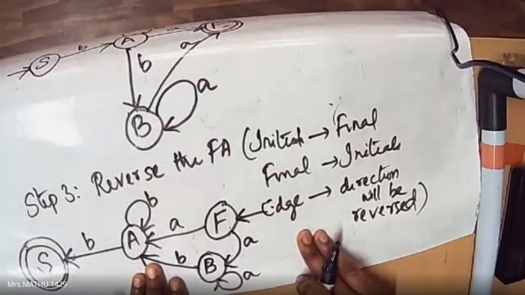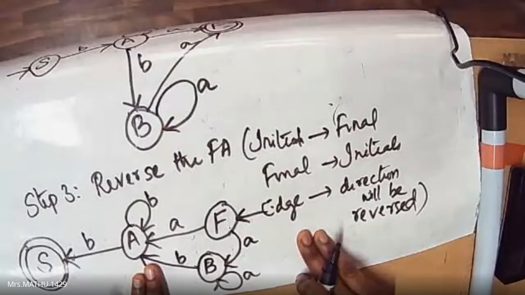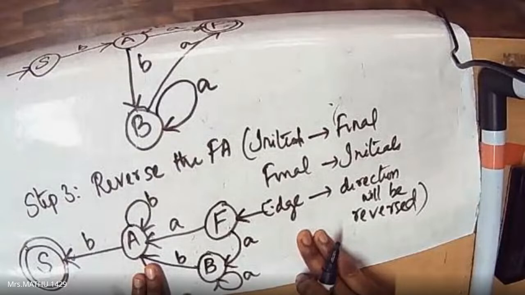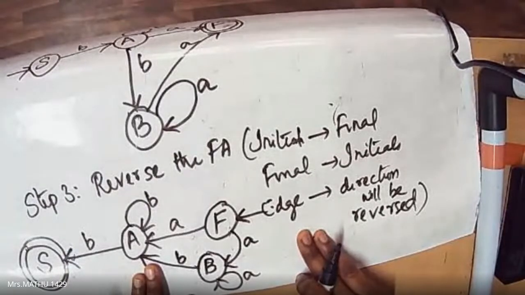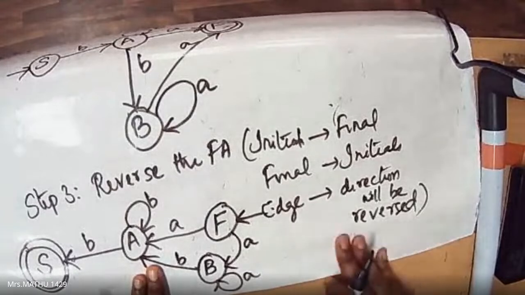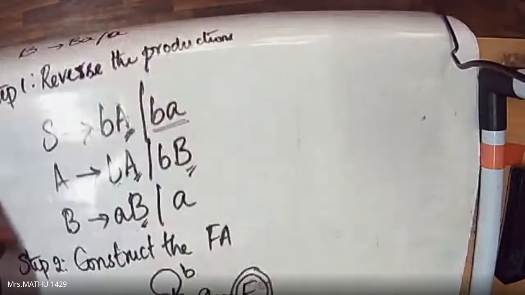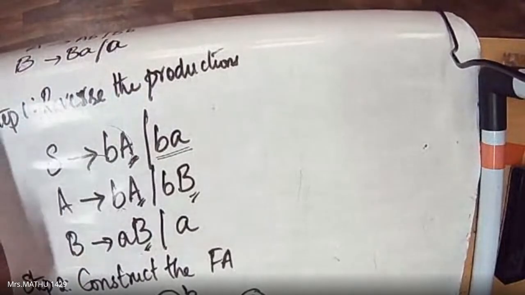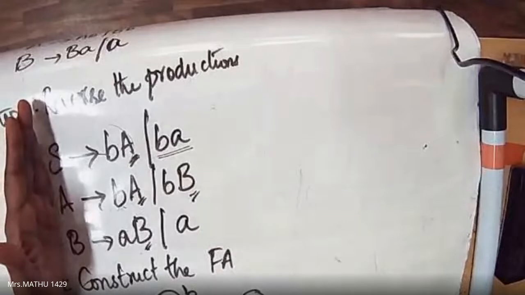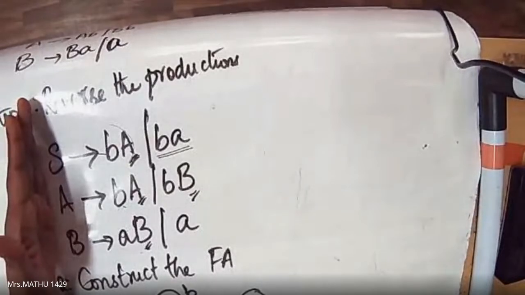Okay, do you understand this? So these three steps have to be followed when we are converting from a left linear grammar to finite automata, because we already know the procedure for right linear grammar to finite automata. What we are doing is reversing the productions of the left linear grammar to make it a right linear grammar.